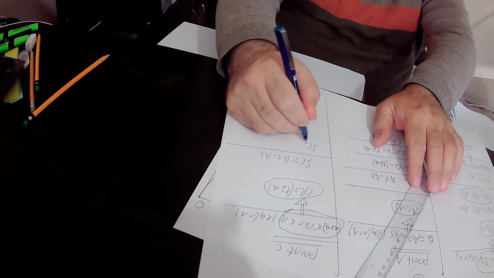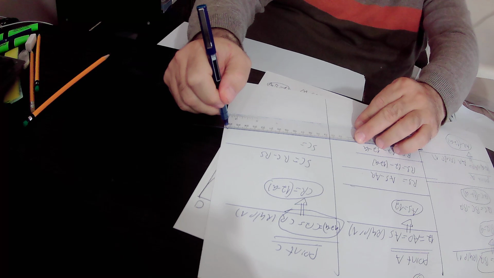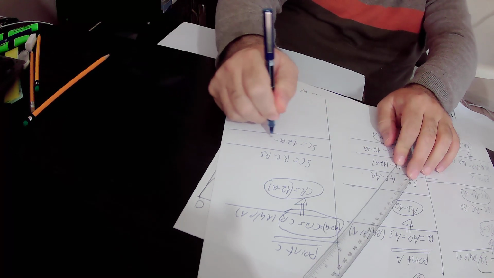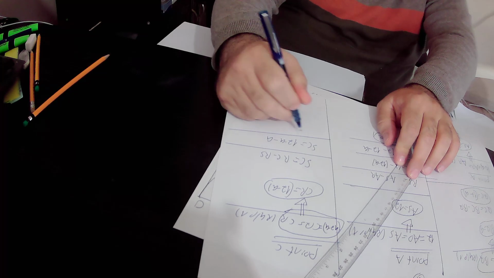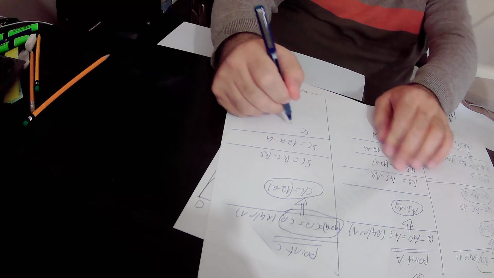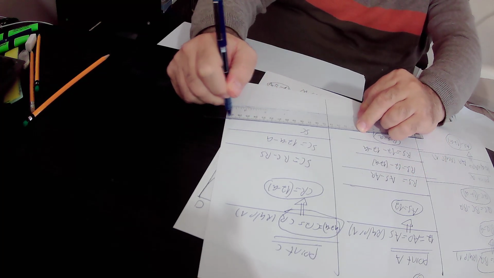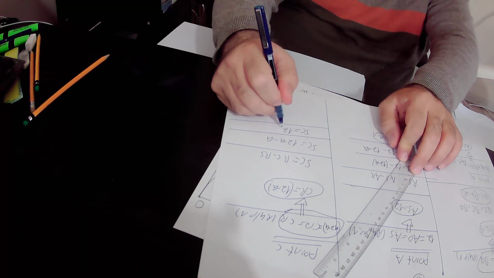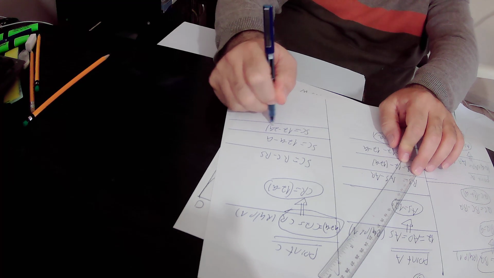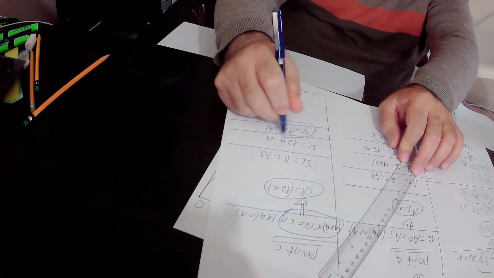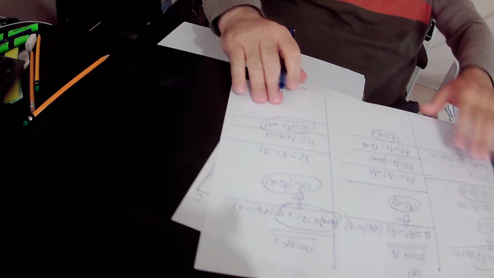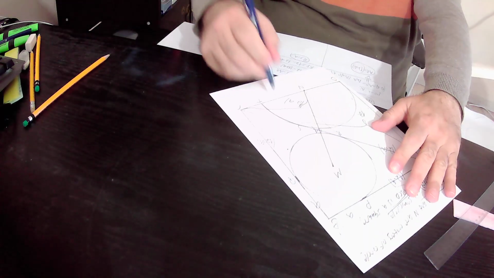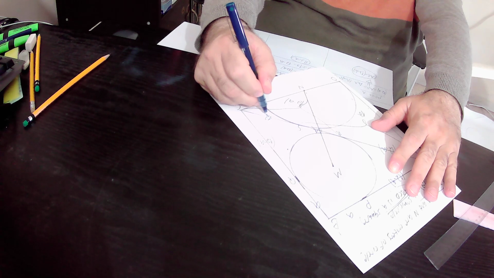So SC is equal to RC, that is 12 minus A, minus RS, that is A. So in conclusion, we found out that SC equals 12 minus A minus A, that is to say it equals 12 minus 2A. We can write here that SC is equal to 12 minus 2A.